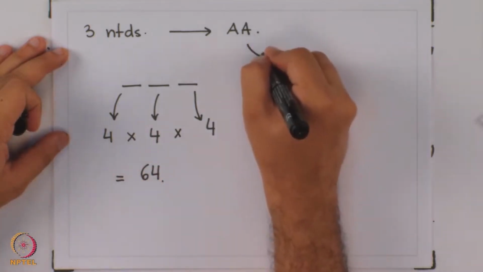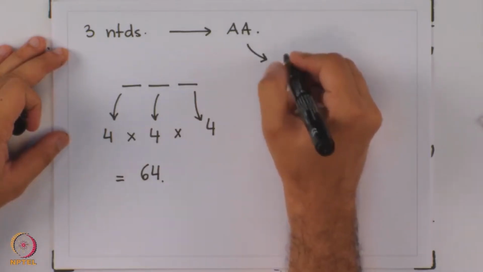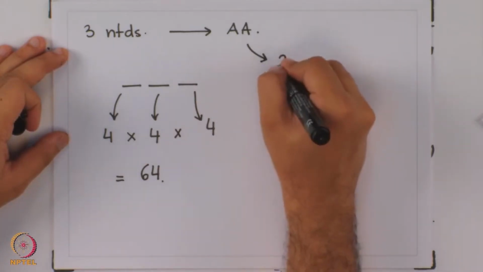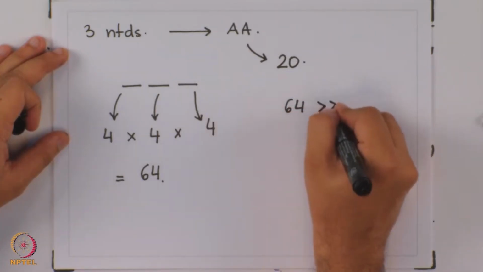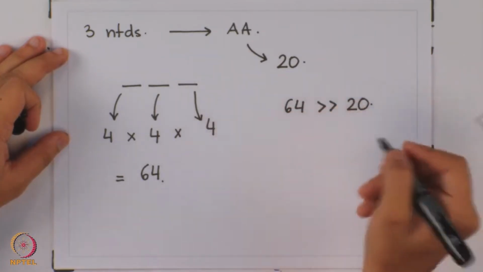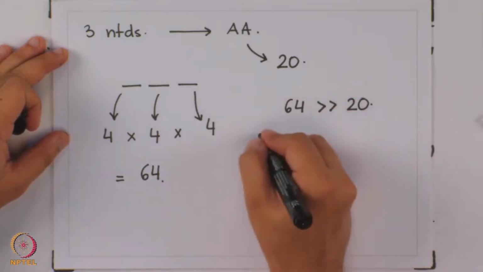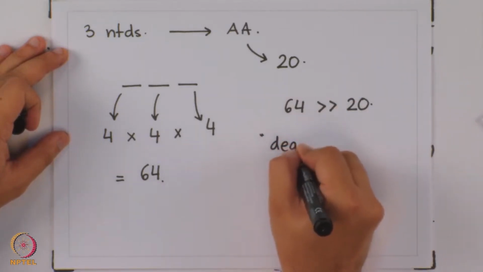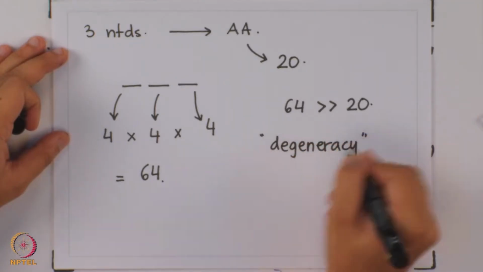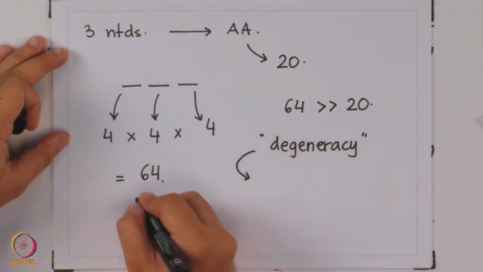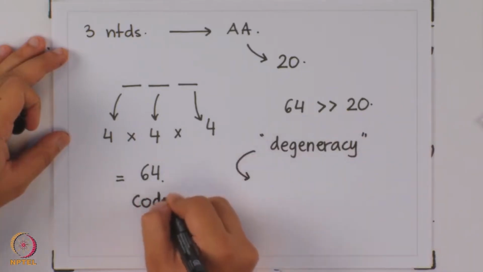The number of amino acids that have to be allotted these codons is 20. Now, 64 is obviously much larger than 20. That means there is what is called degeneracy. These are called the 64 codons.